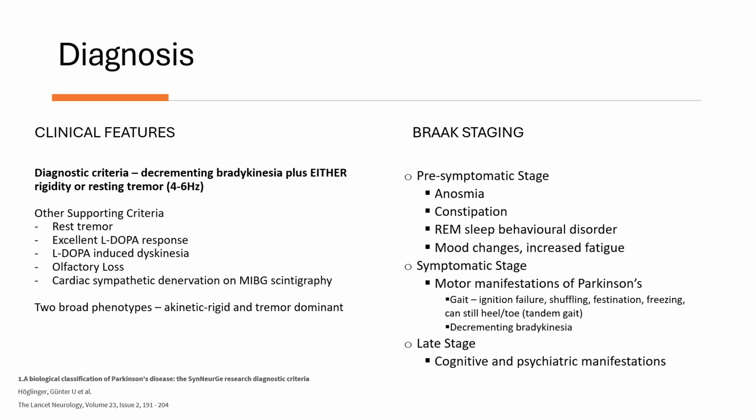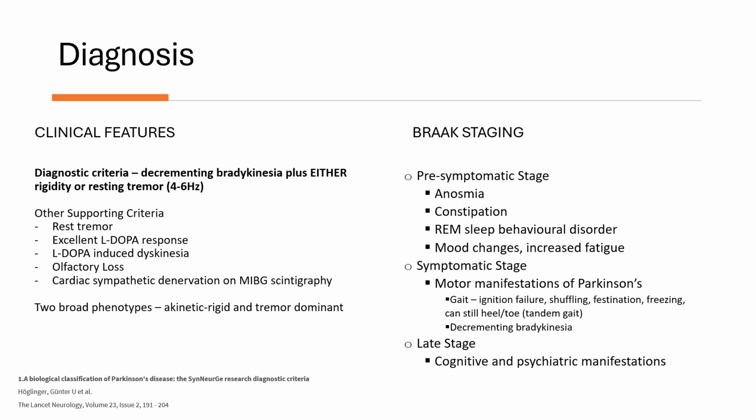Redirecting our focus back to idiopathic Parkinson's disease. There is a diagnostic criteria. You have to have decrementing bradykinesia, that is, a reduction in both the speed and the amplitude of the movement.